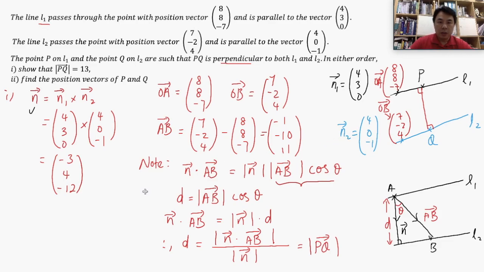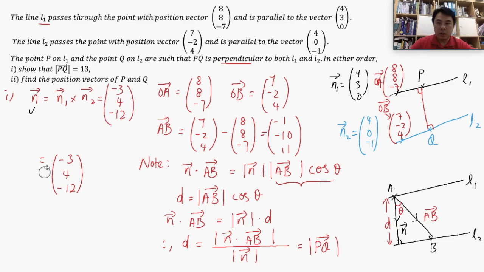Now before that, I will write down all the information for our reference. So here, I'm going to erase all this. Since we know that this is a directional vector, this is given as -3, 4, and -12.